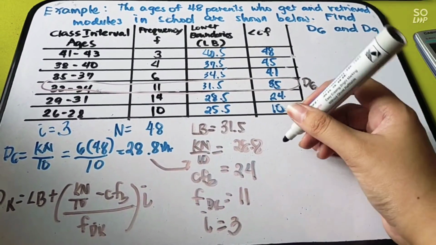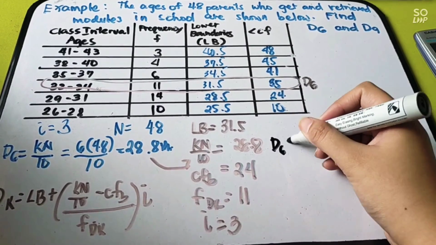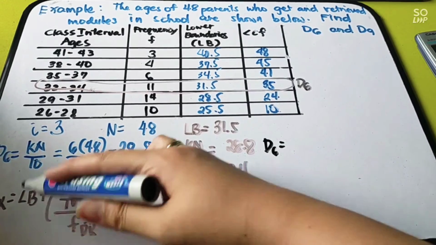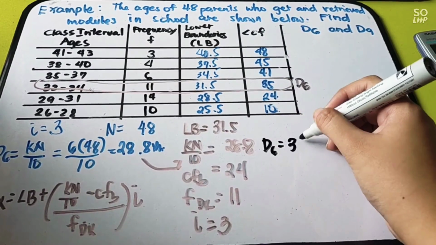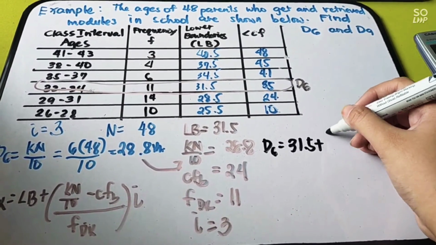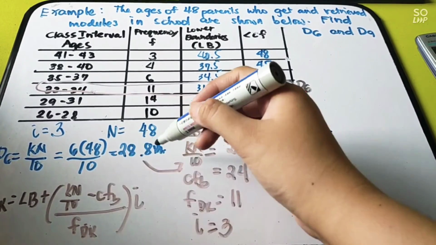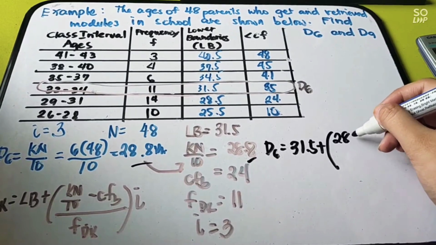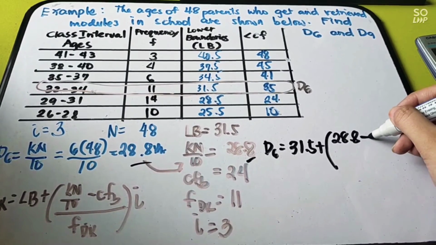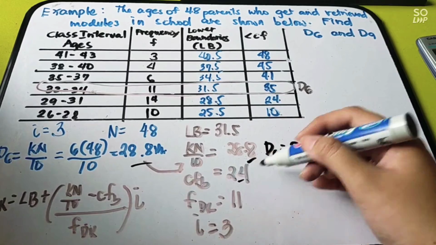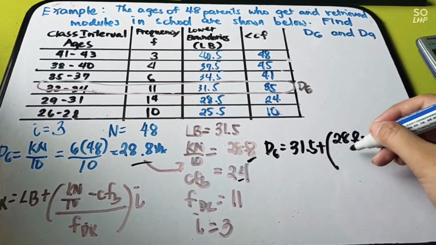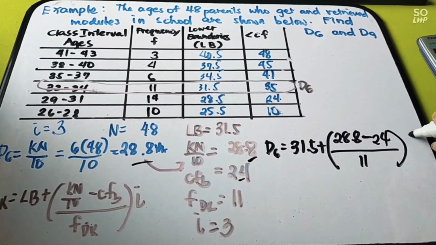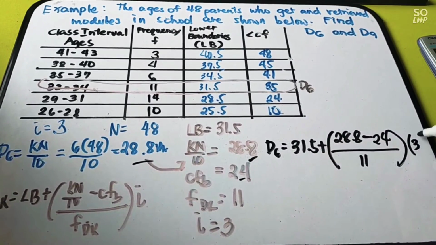We have decile 6 is equal to ang ating LB, we have 31.5 plus kn over 10, we have 28.8, then minus less than CF, which is 24, over frequency 11, then multiplied by 3.